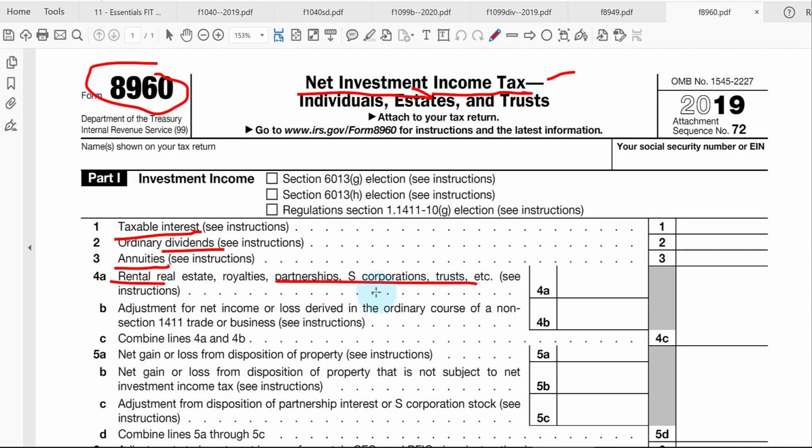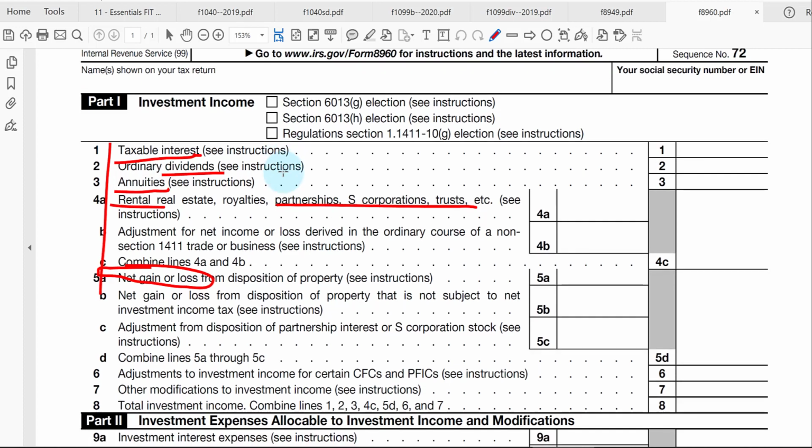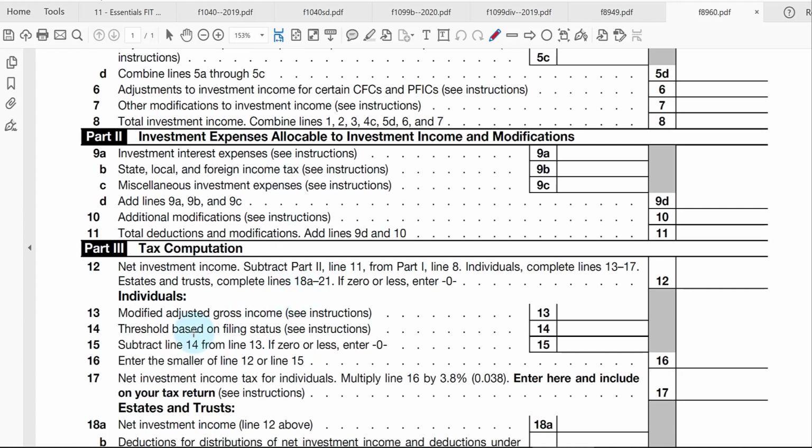But we also learned about another type of investment income here in chapter 11 called capital gains. So all of this type of income is going to be taxed under this net investment tax that was created a few years ago to help fund the Affordable Care Act, or that Obamacare health insurance. And you're going to be subject to the tax if your modified adjusted gross income exceeds probably either 200,000 or 250,000, depending upon the filing status.